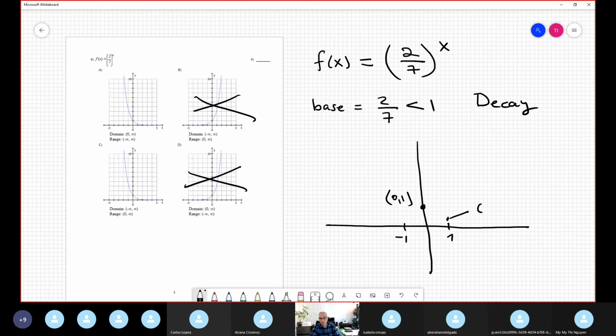This point is the point 1, 0.28. And the reciprocal is 7/2, which is 3.5. So 1, 2, 3, 4. Actually here. This point is the point -1, 3.5. Where does 3.5 come from? 7 divided by 2, no? 3.5. And this is my exponential.